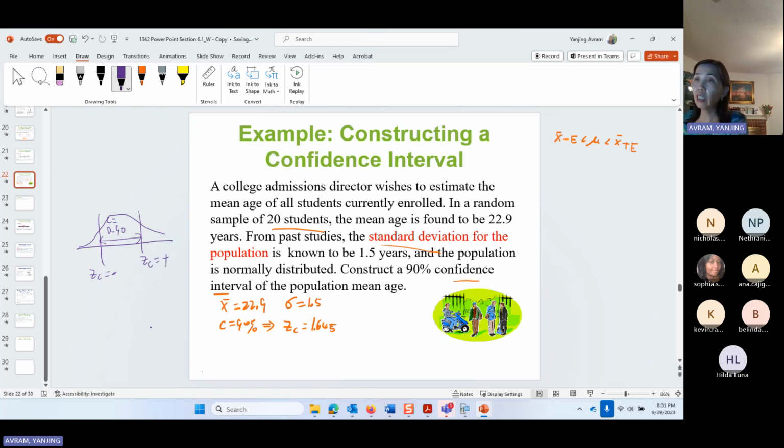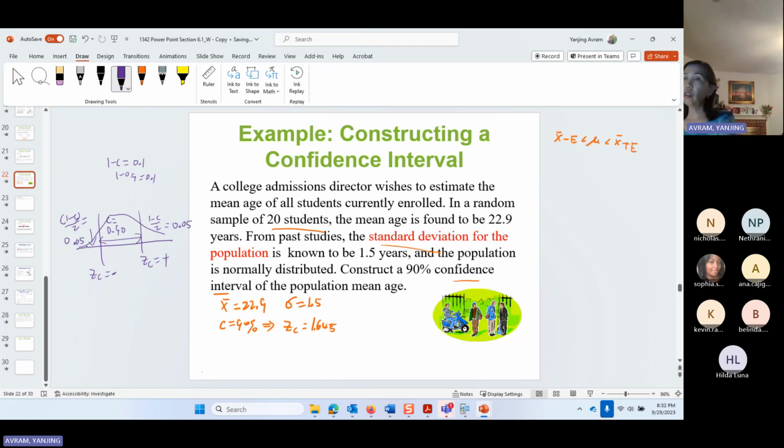I can use inverse norm. 1 minus c is 1 minus 0.9, which is 0.1. Then 1 minus c divided by 2 for each side, so this will be 0.05, 0.05.